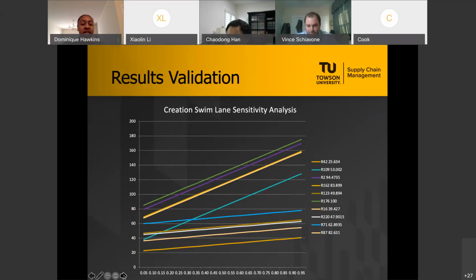But based on the sensitivity analysis we conducted, and we did this for all swim lanes, we felt good about the amount of crossing that we see. And it just shows us that, again, maybe more individuals felt that their project was in the gold level, but also knowing that there's always more room for improvement. Next slide.